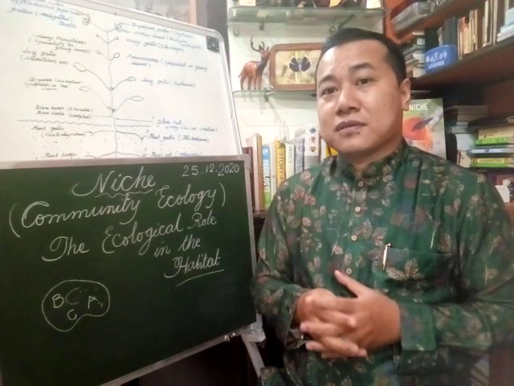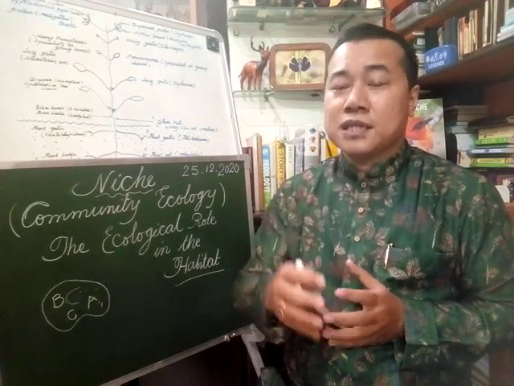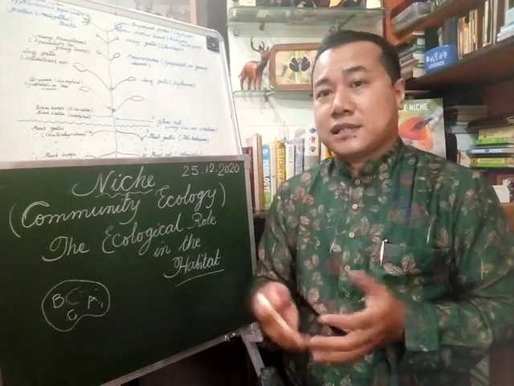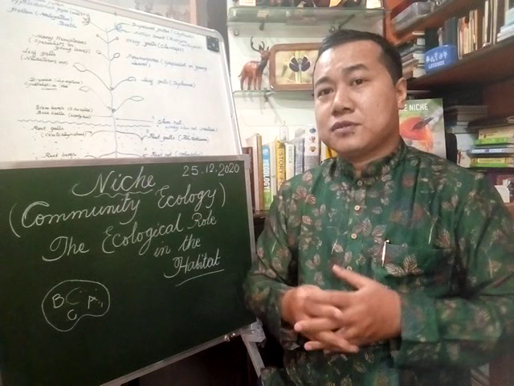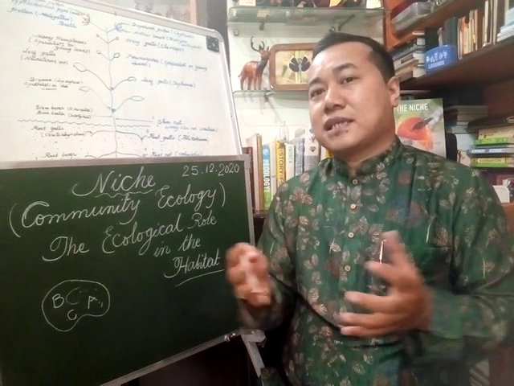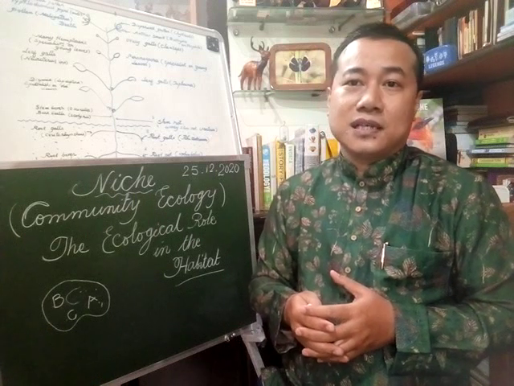The role that a particular organism performs, as a producer, a consumer, a predator, a herbivore, is its niche. So he talks more about niche in association with the energy transfer.